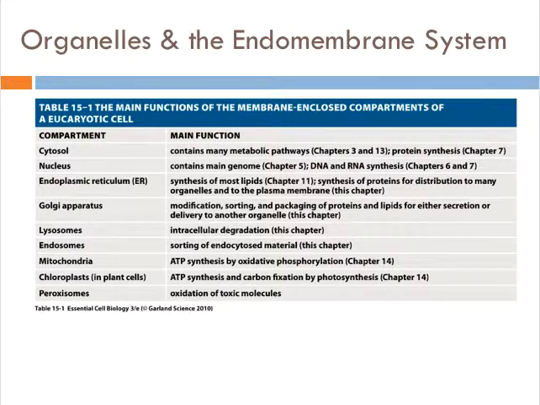The Golgi is going to direct traffic in the cell. We've already talked about most of these. The mitochondria and chloroplasts are on here. However, again, they are not actually part of the endomembrane system, but they are membrane enclosed organelles.